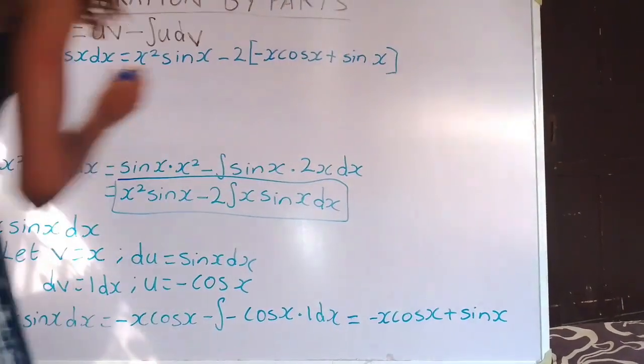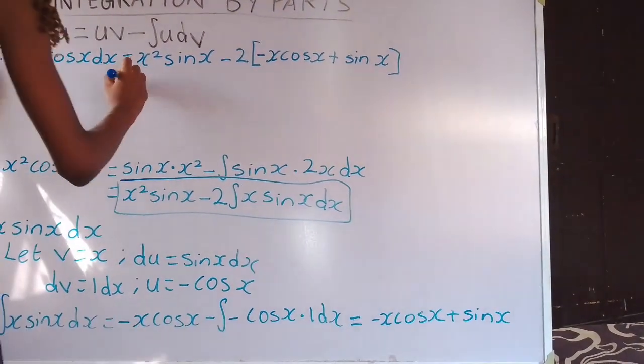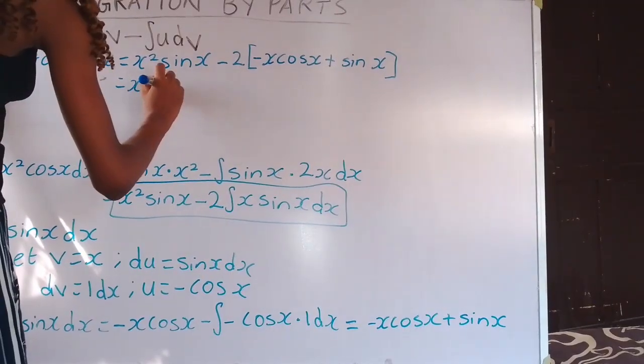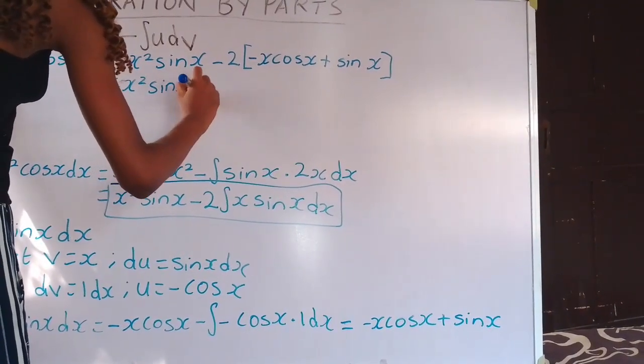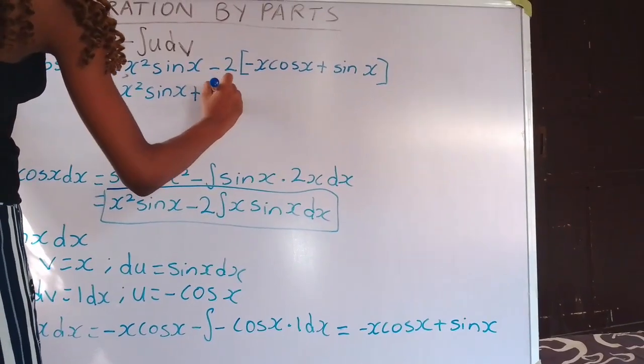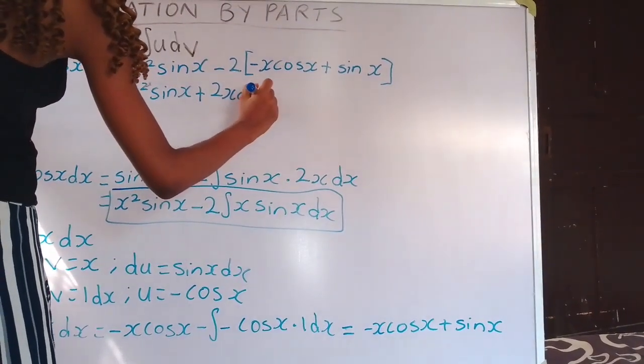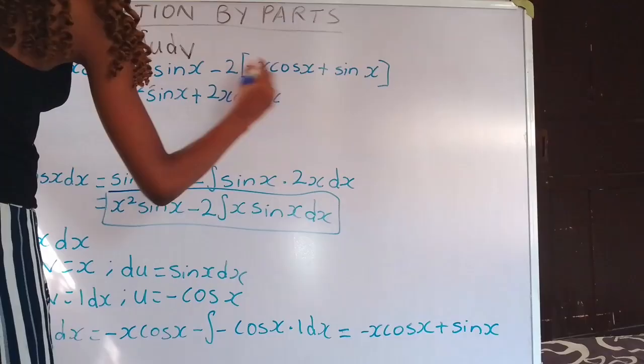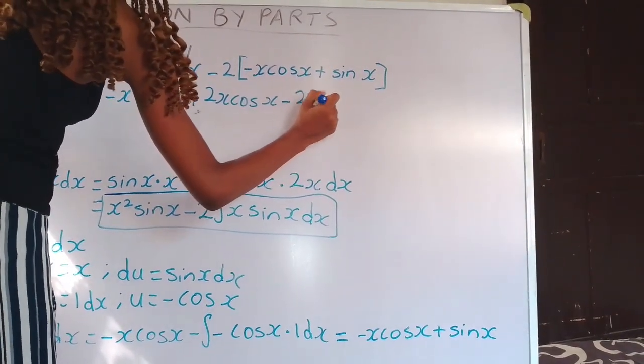All right, so let's simplify. This will give us x squared sine x minus times minus, this will be plus 2x cos x, then minus 2 sine x.